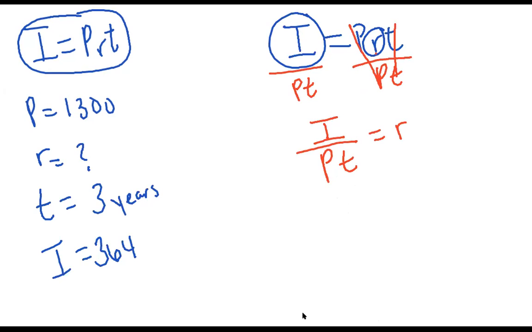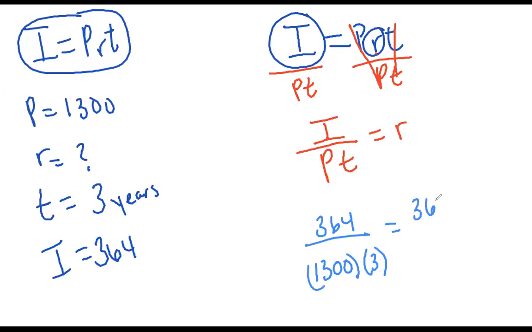And as we can already hear Miriam doing, all you need to do now is plug in the numbers. So you replace I with 364. You replace the P with 1300. And you replace the T with 3. So the first thing you're going to want to do is multiply this 1300 times 3, which is what? 3900.